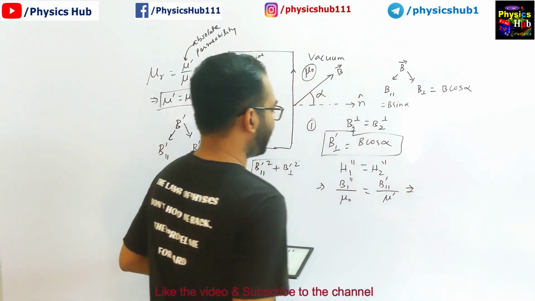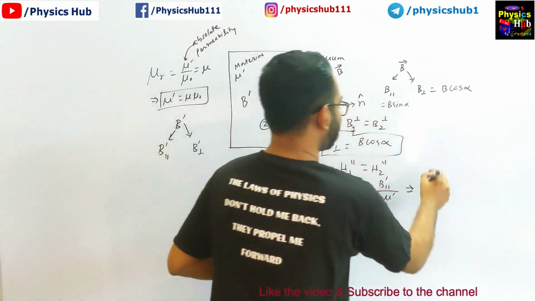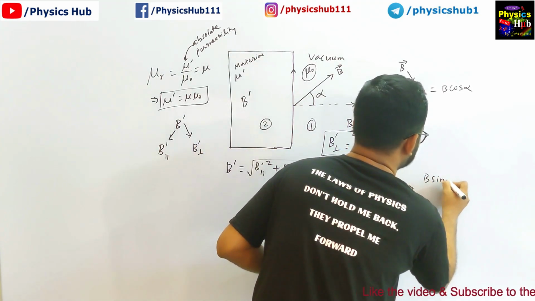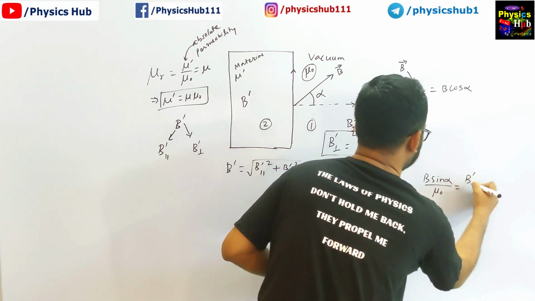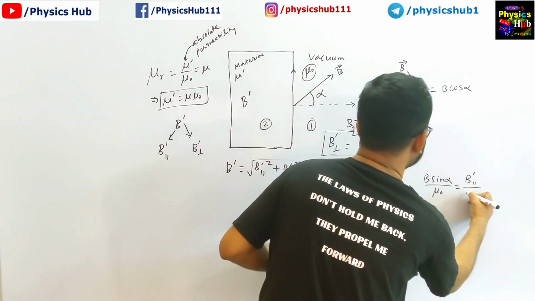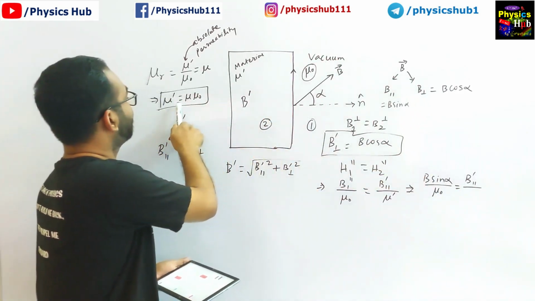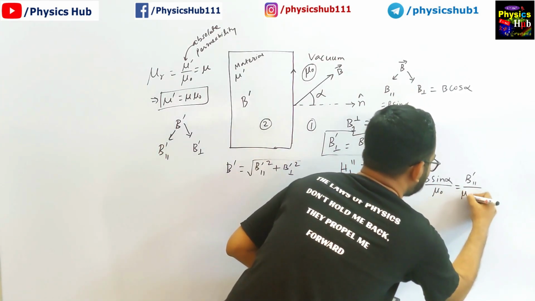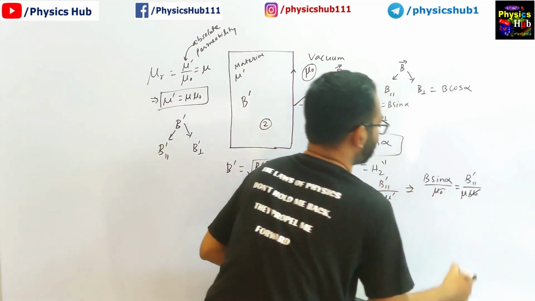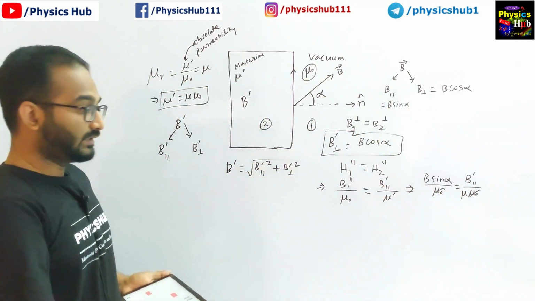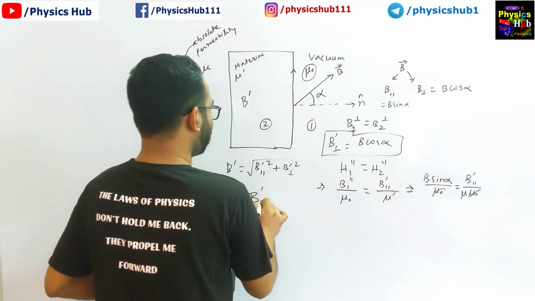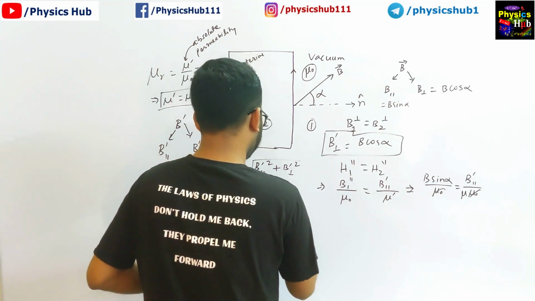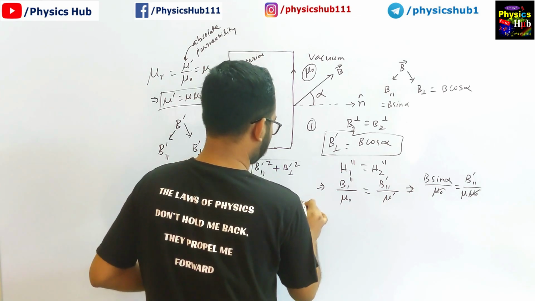Hence, B1 parallel is equal to B sin alpha, so B sin alpha divided by mu naught equals B prime parallel divided by mu prime. Mu prime is equal to mu into mu naught, so let's put that value. This mu naught and this mu naught are getting cancelled. So from that we can easily calculate. I am writing it here: B prime parallel is equal to mu B sin alpha.